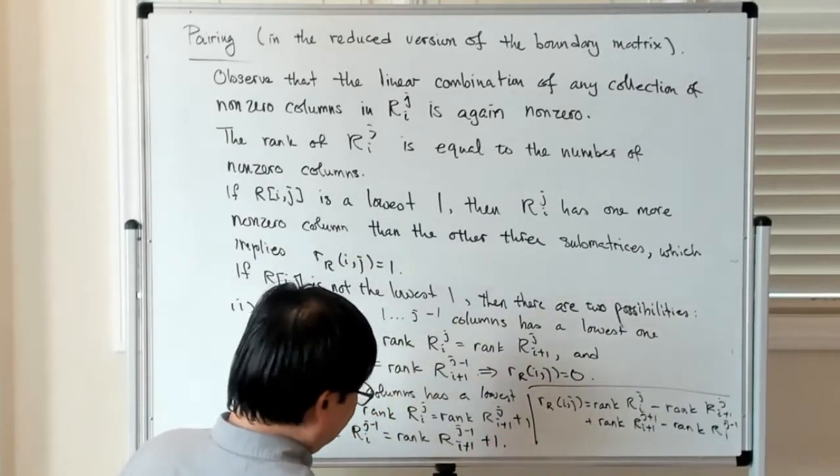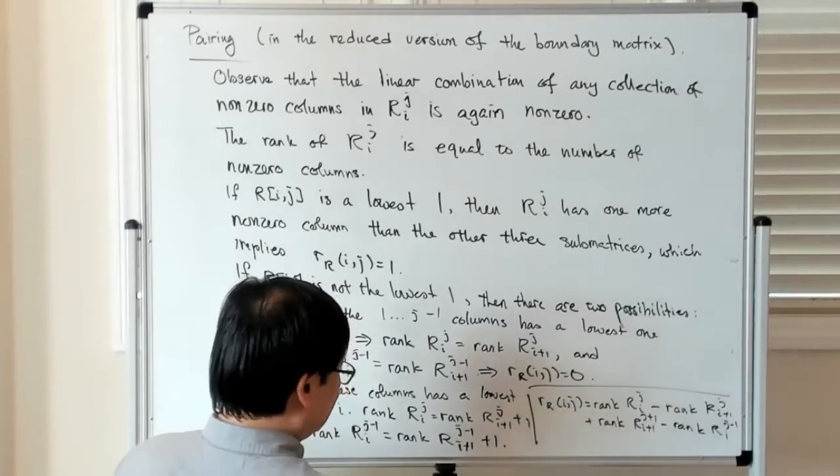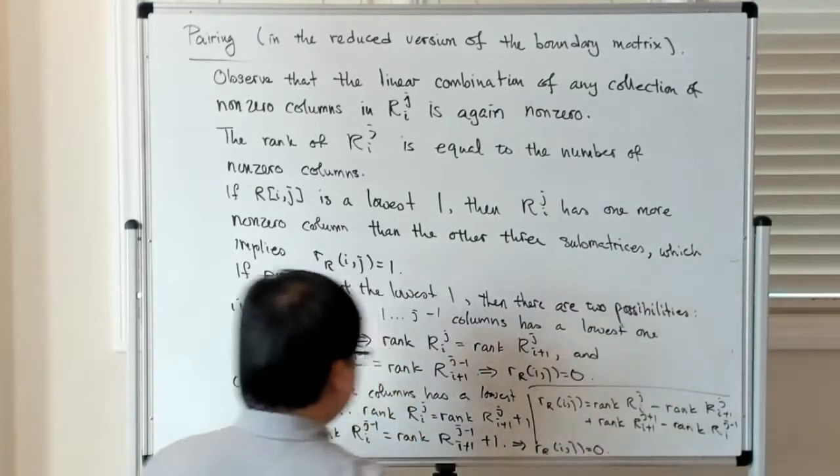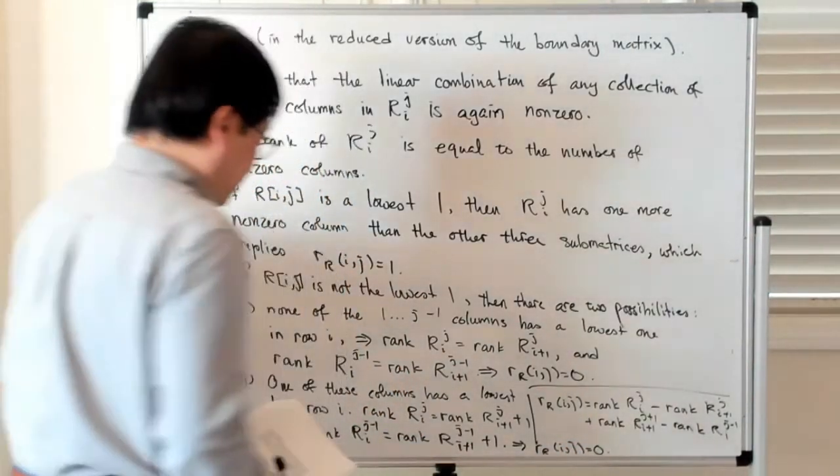Okay, so again, in either case, what will happen is that Rij is equal to 0.